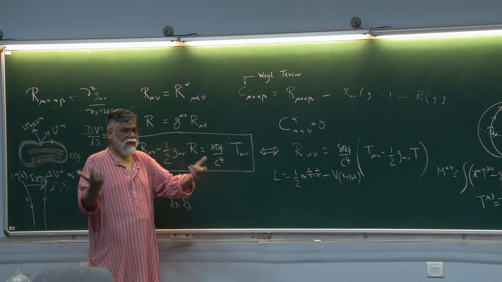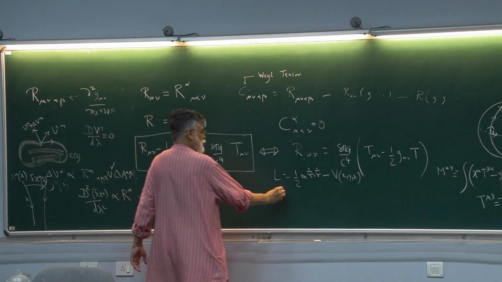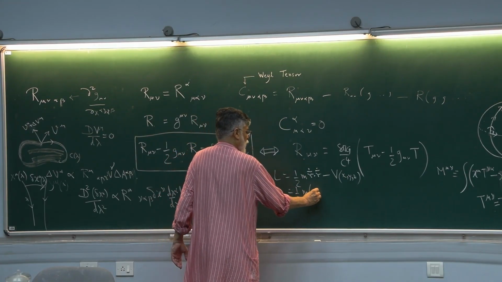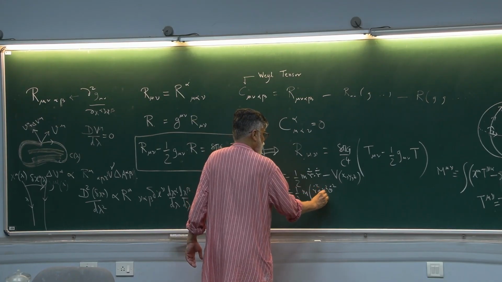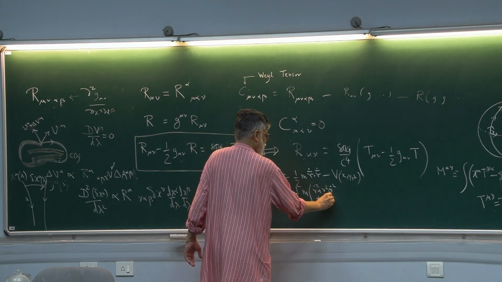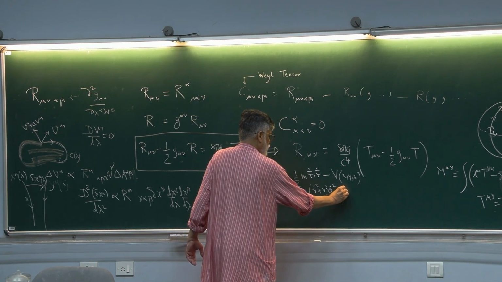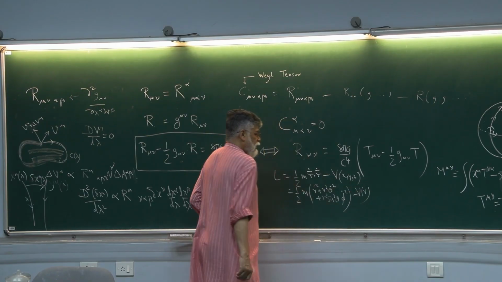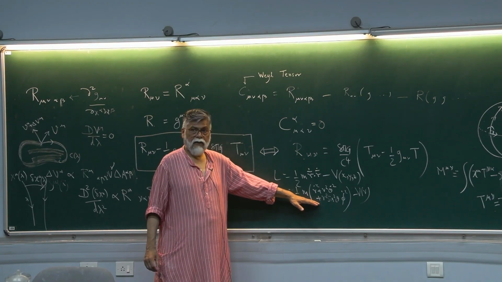For one component, in generalized coordinates, if you go to spherical polar coordinate system, this Lagrangian can be written as half m times r dot squared plus r squared theta dot squared plus r squared sine squared theta phi dot squared, minus V of r, if there is a spherical symmetry. And you can immediately see there is no dependence on phi.